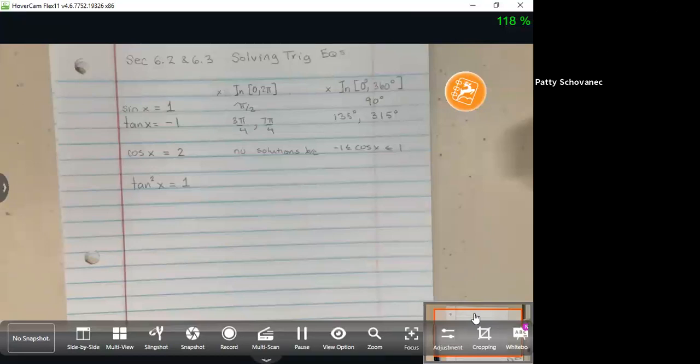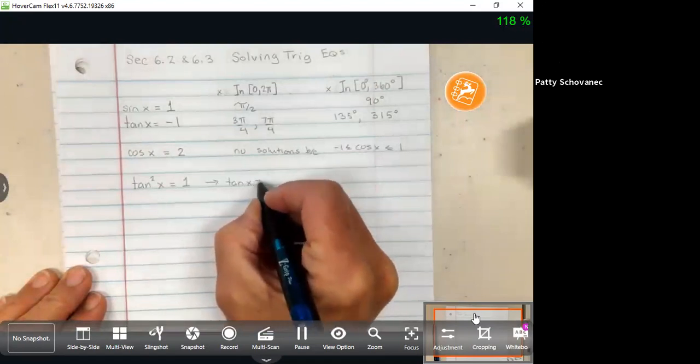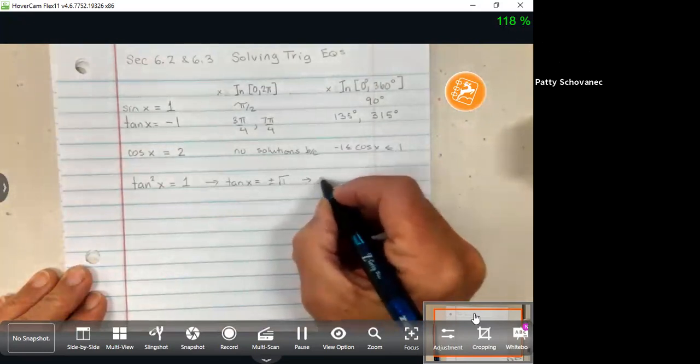Well, if you were solving the equation x squared is equal to 16, you would take square roots of both sides and get x is plus and minus 4. We're going to do that here. The tangent squared of an angle is equal to a number if and only if the tangent of that number is plus or minus the square root of 1. Well, the square root of 1 is just 1.